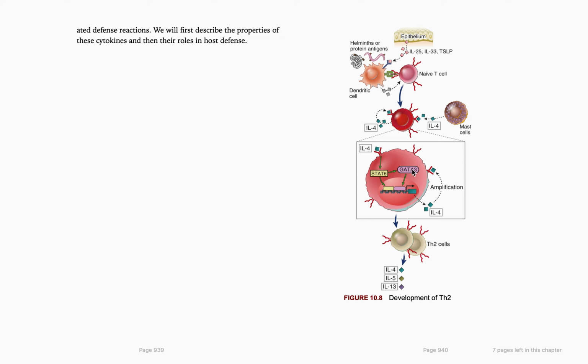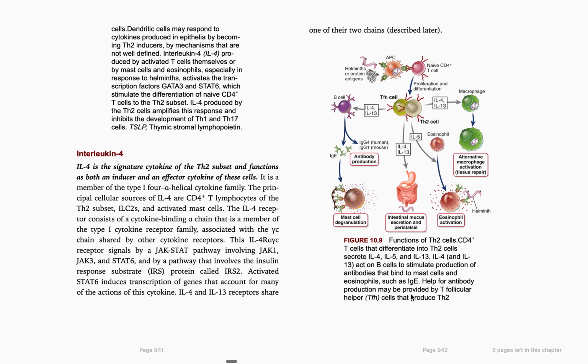GATA3 is the one that is responsible for going to the nuclear DNA and leading to amplification and further production of interleukin 4. Further production of interleukin 4 is like an automatic process of doing itself. When T helper 2 cells are produced, they release interleukin 4, interleukin 5, and interleukin 13, as we'll see the function later.